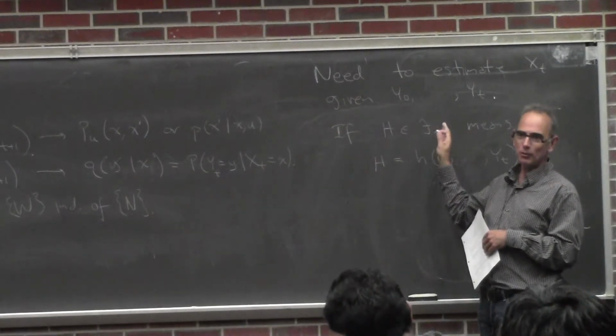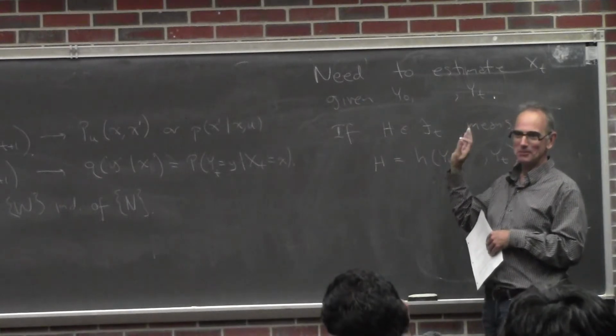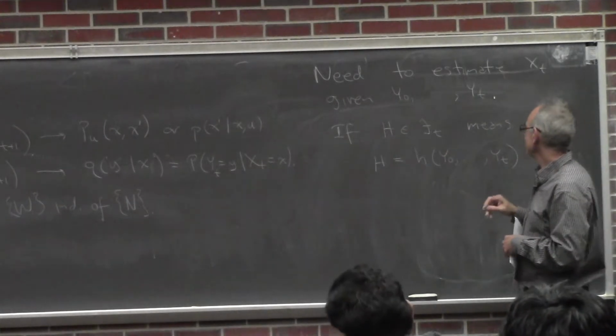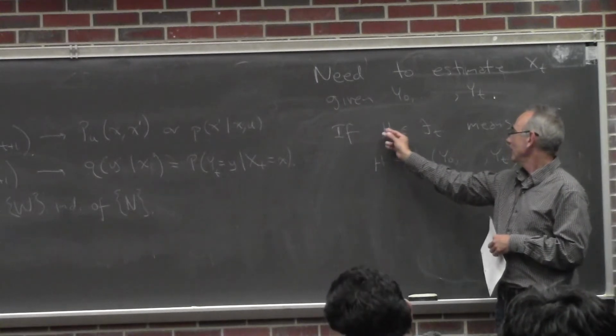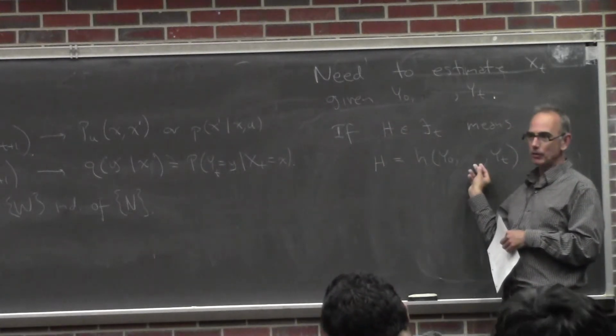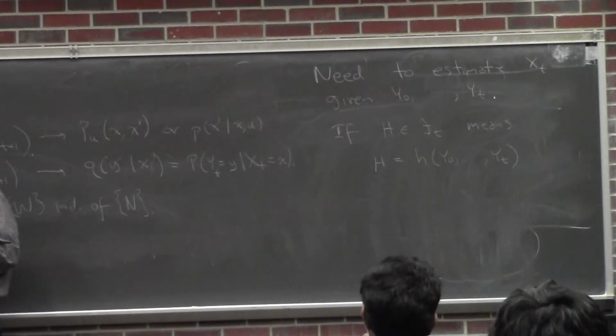Can you let me use notation and say a function is in the sigma algebra as well? Just bear with me. Saying this means that H is a function of the observations, just like Y_t and U_t are in this script Y_t.